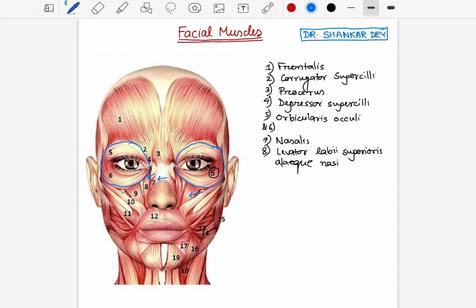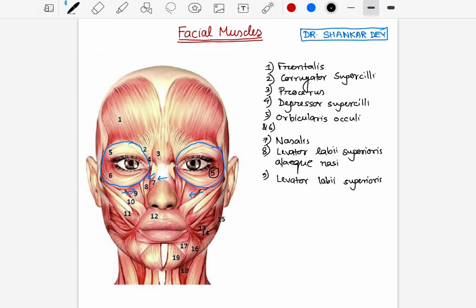Number 9 muscle inserts into the upper lip, and number 8 muscle, as the name describes itself, levator labii superioris alaeque nasi, is inserted into both the upper lip and nose.